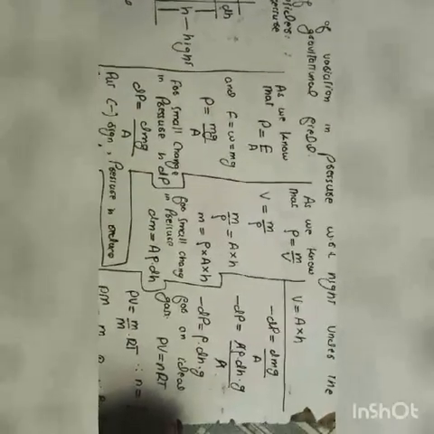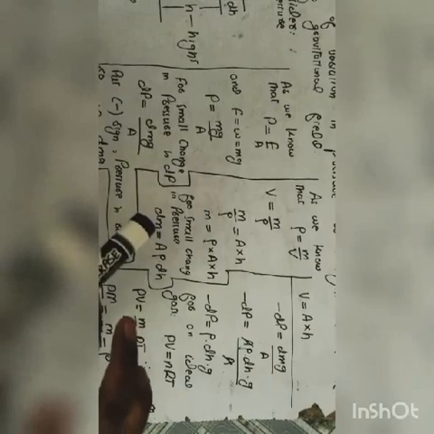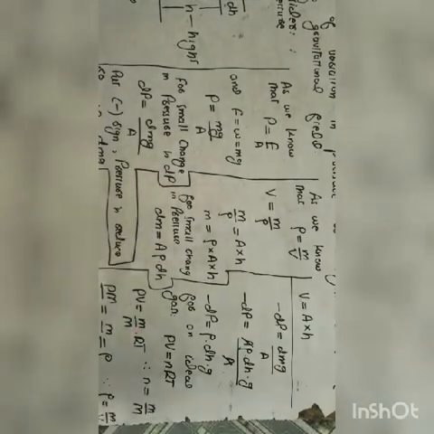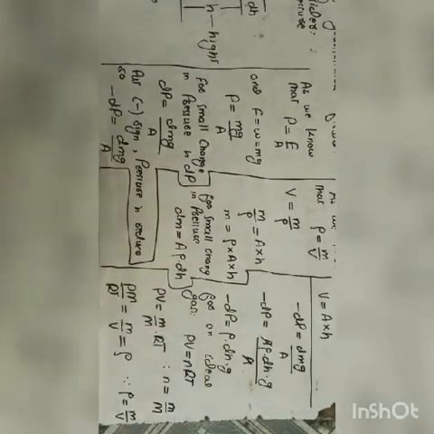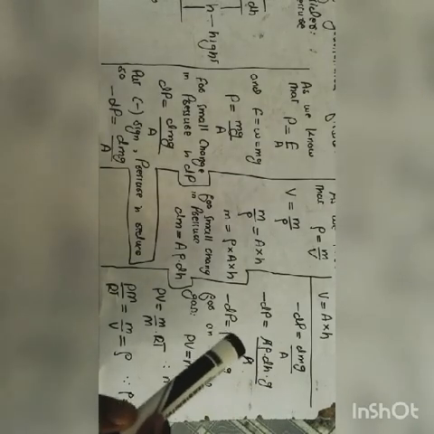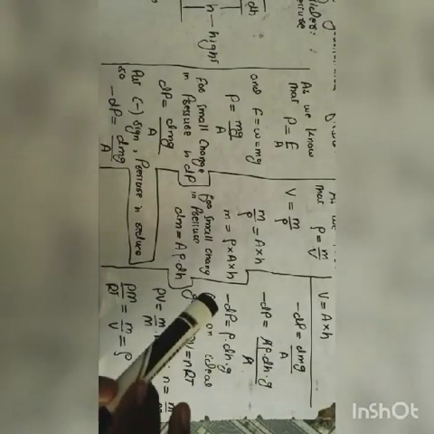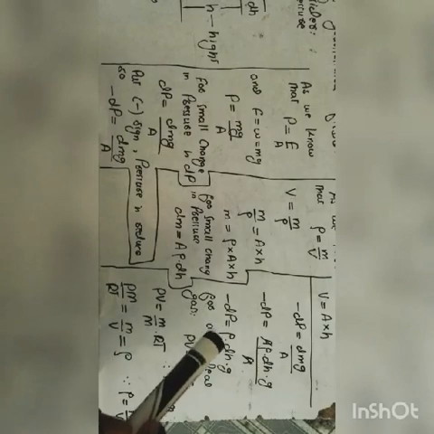Now when we put the value of dm in this equation, it becomes minus delta P equal to A rho into delta H into G over A. Here on the upper side and lower side A is the same, so A cancels. Minus delta P is equal to rho into delta H into G. This is the remaining equation.